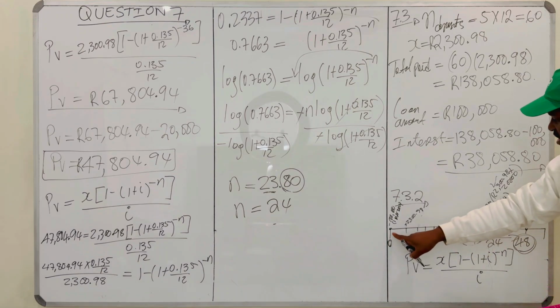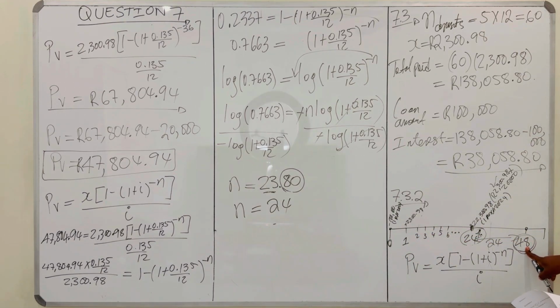So from the start until he finishes, it will only take 48 payments. And then they will only be early by the difference between the two.